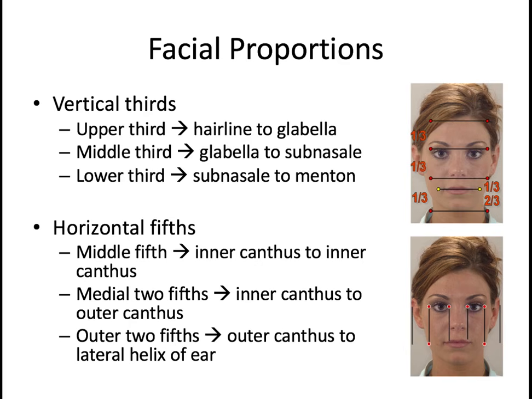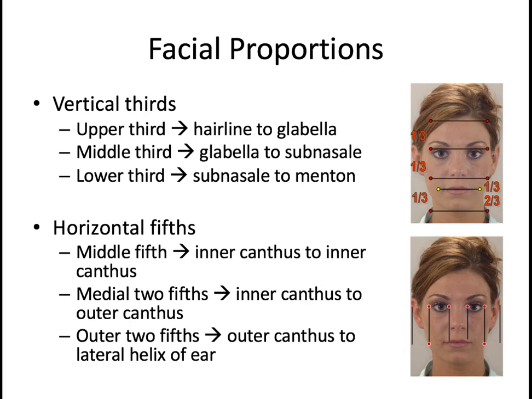The upper third goes from the hairline to the glabella, which is the most prominent part of the forehead. The middle third is from glabella to subnasale, which is the point just below the base of the nose. And the lower third goes from subnasale to menton, which is the bottom of the chin.